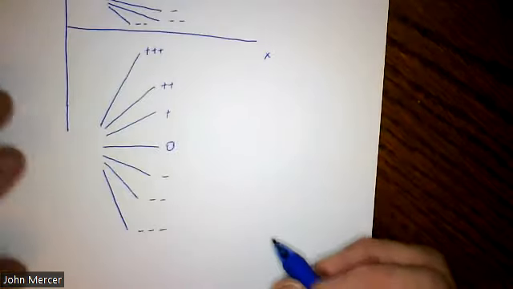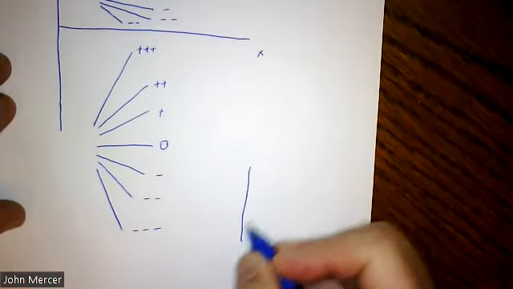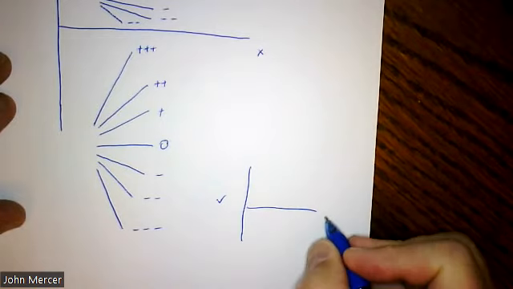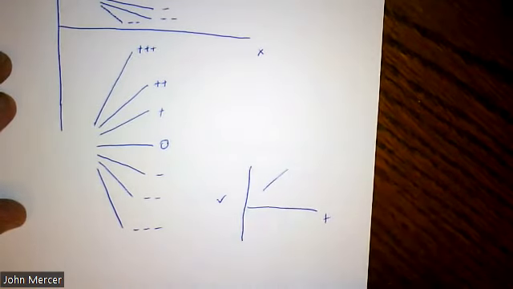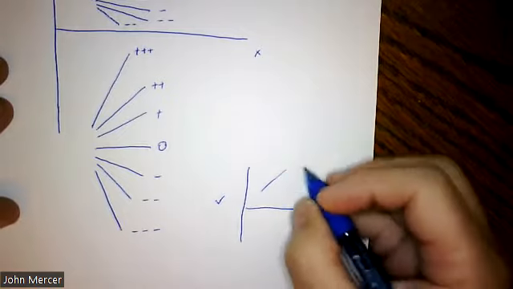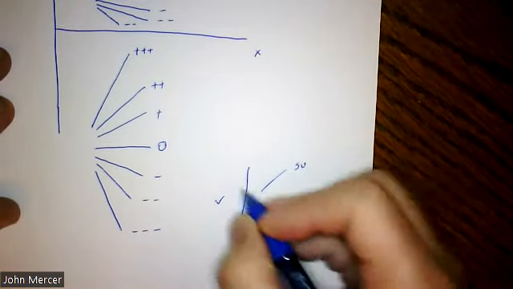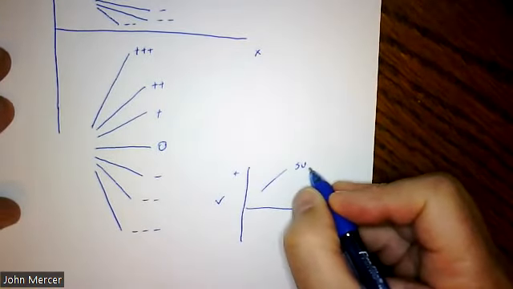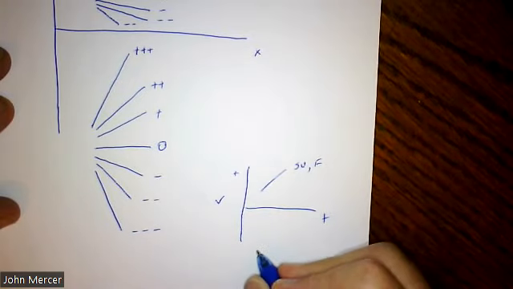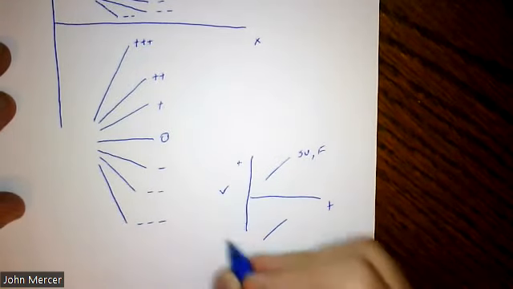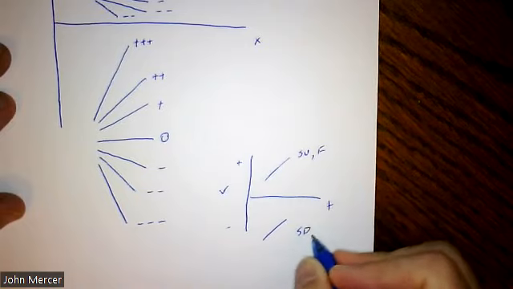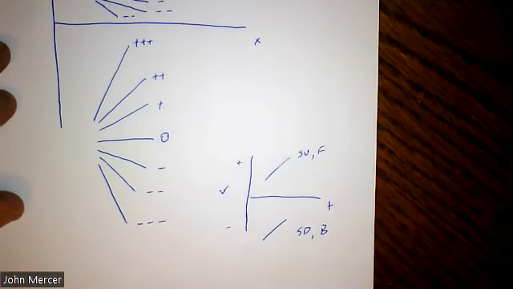So for example, if I did this plot again as velocity versus time, and I have that slope, I have that speeding up, moving in the forward direction. Whereas this slope, the same slope, would be slowing down, moving in a backward direction.